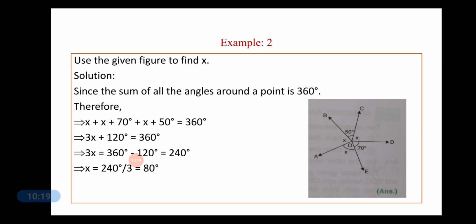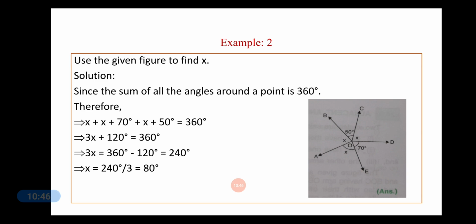So 3x plus 120 degrees is equal to 360 degrees. So 3x will be equal to 360 minus 120, which is equal to 240 degrees. Now x will be equal to 240 degrees divided by 3, which is equal to 80 degrees. So the value of x is 80 degrees.